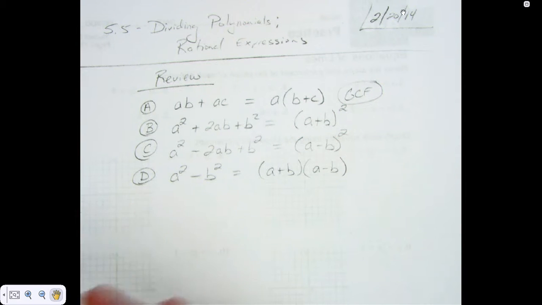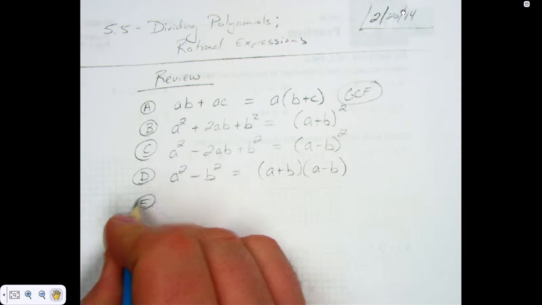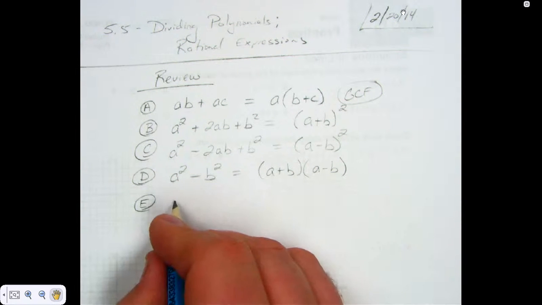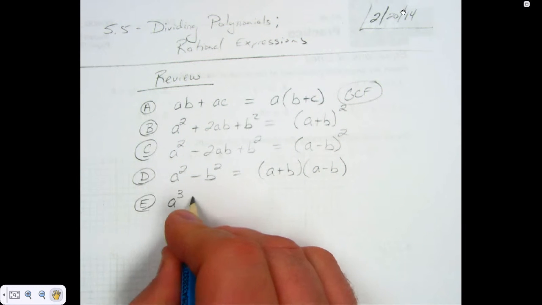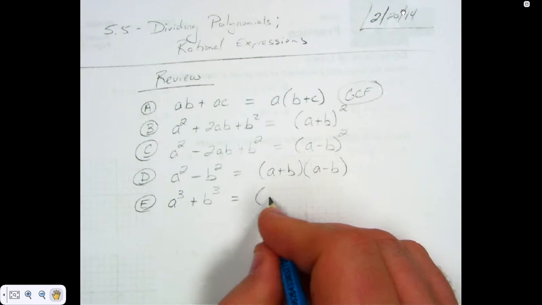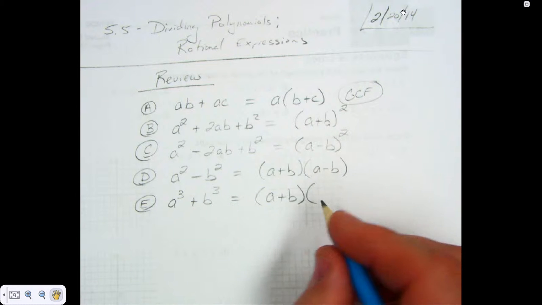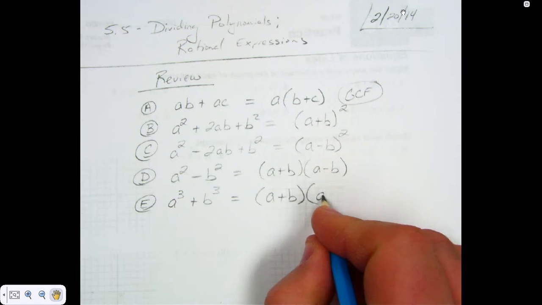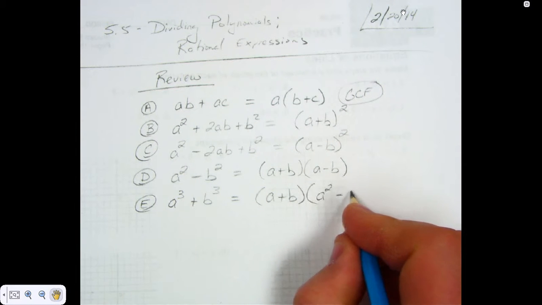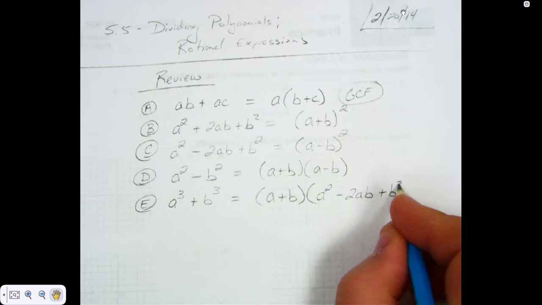See, we've dealt with a lot of different types and we've factored them. We've also dealt with a to the third plus b to the third, and we saw that factored to the quantity a plus b times a squared minus, is it 2ab plus b squared?